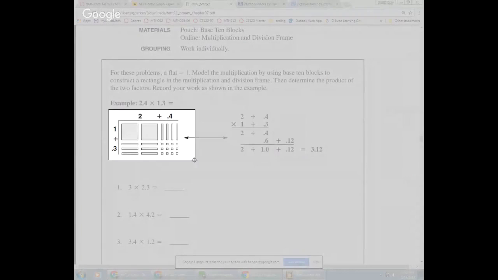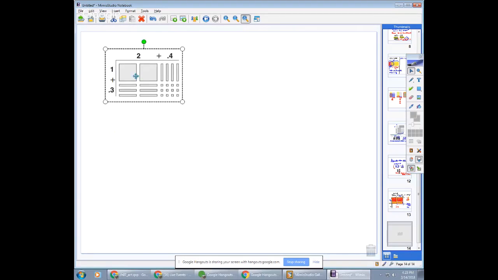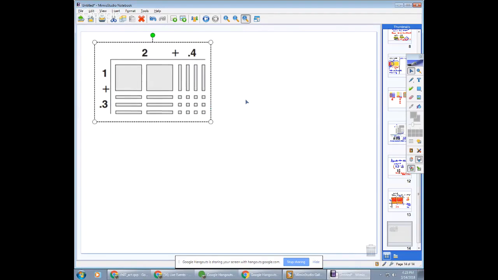So this is the array version here. I want to redraw it as an area because it's easier to draw as an area.